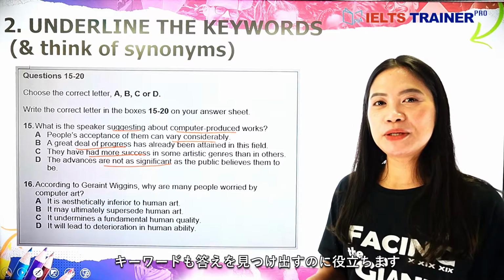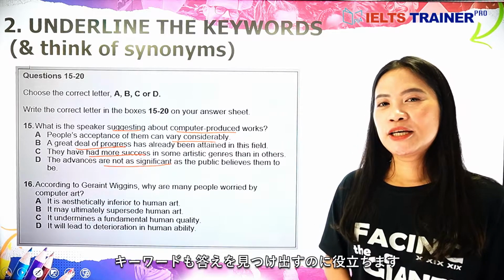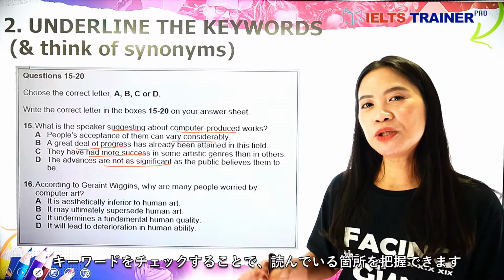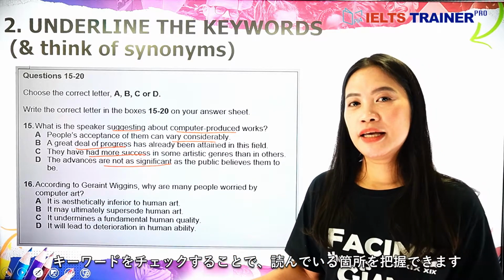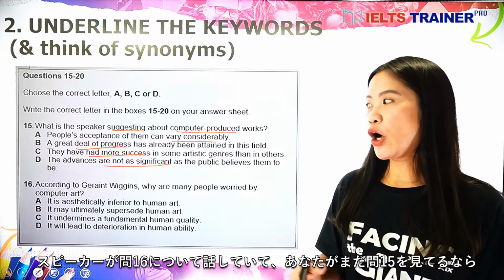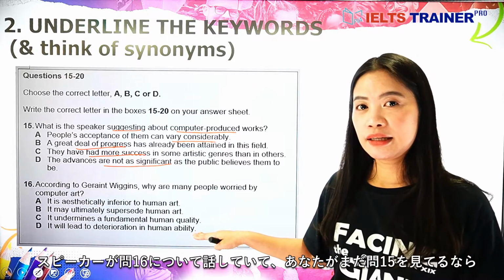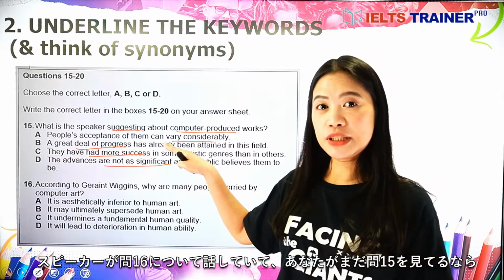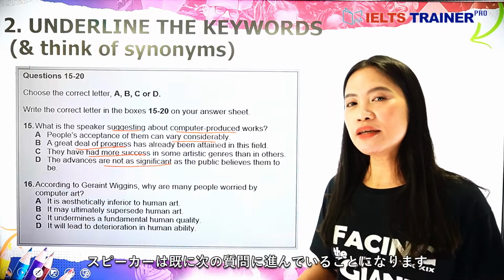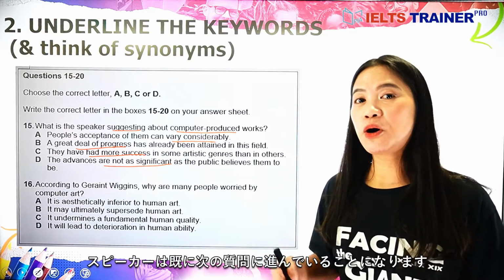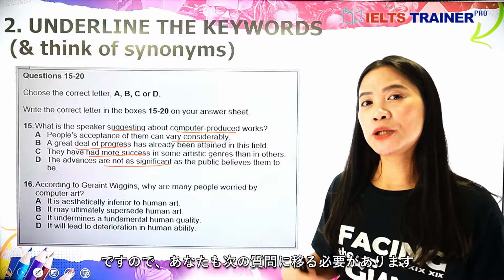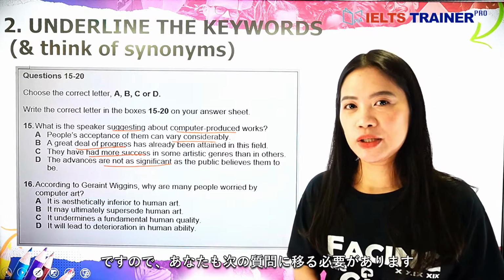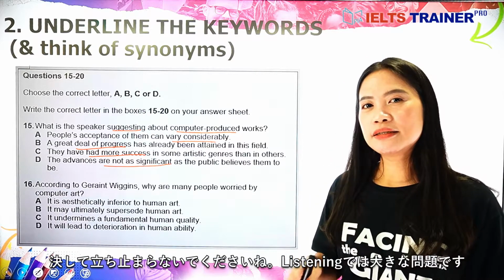Keywords also help you to keep track. So use keywords so you would know when to move on. If the speaker is talking about number 16 and you're still in number 15, that means the speaker has already moved on. You need to move on to the next set of questions. Avoid getting stuck.